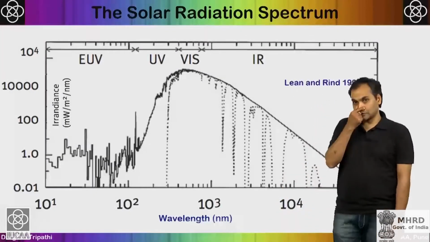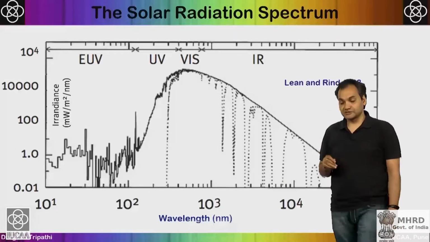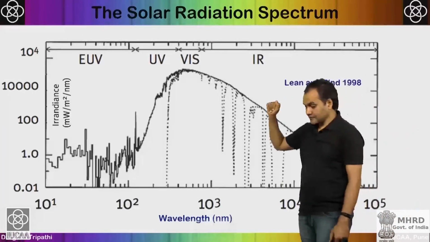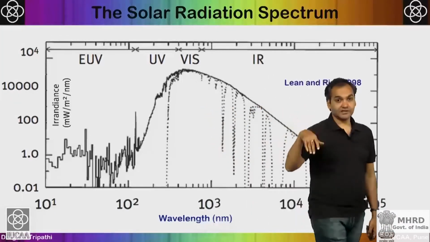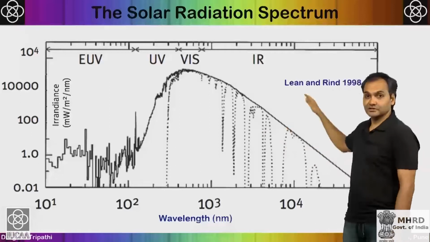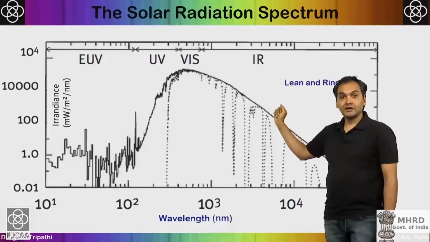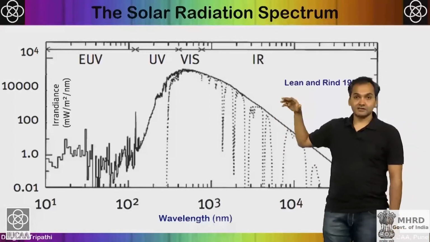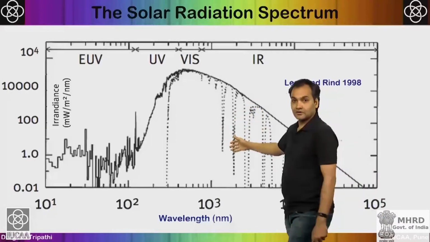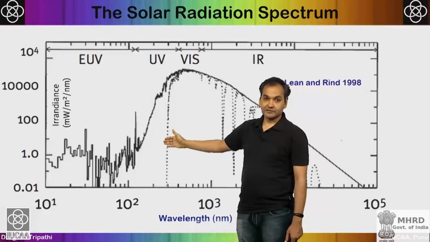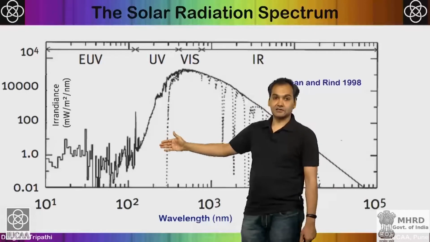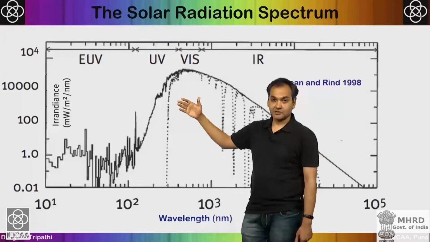Right. Now, if you take the total solar radiation spectrum outside the Earth's atmosphere, because all the high energy radiations, for example EUV and UV, are stopped by our Earth's atmosphere. If you go up there and take the solar radiation spectrum, whatever you have at wavelengths below 310 nanometers is absorbed above the atmosphere.